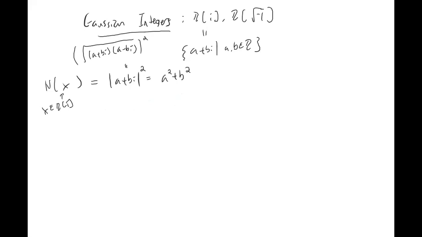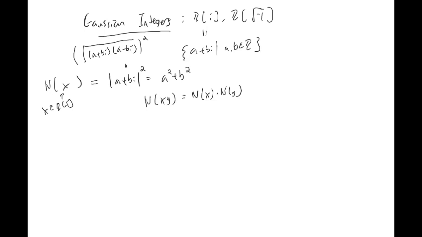Basically, you could check this property also holds. It's multiplicative. When you take the norm of x times y, it's the norm of x times the norm of y.